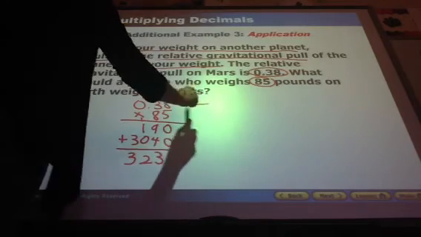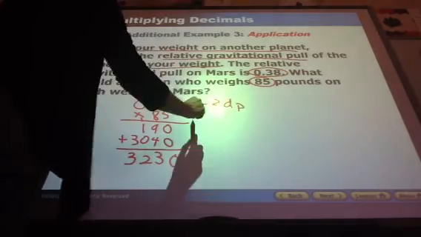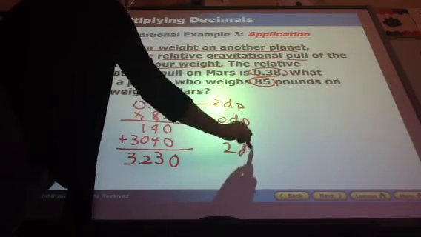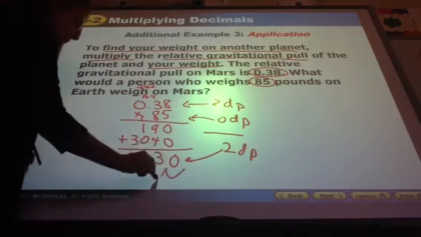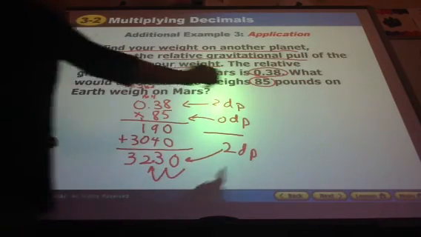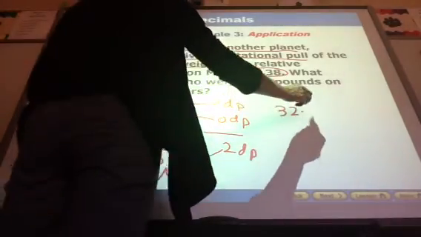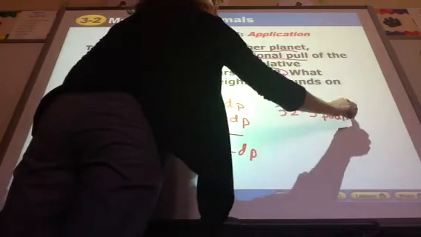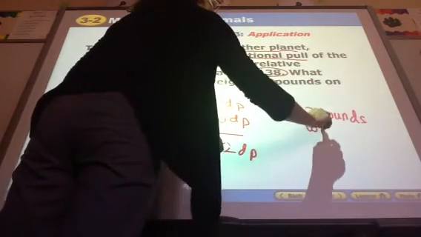And we've got 2 decimal places here, no decimal places here. So we're going to have 2 decimal places in our answer. So we're going to go backwards 2. And so the answer is going to be 32 and 3/10 pounds is how much you will weigh on Mars.